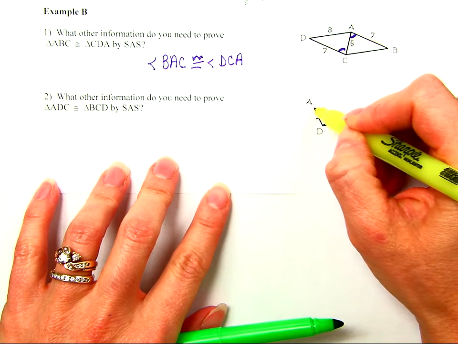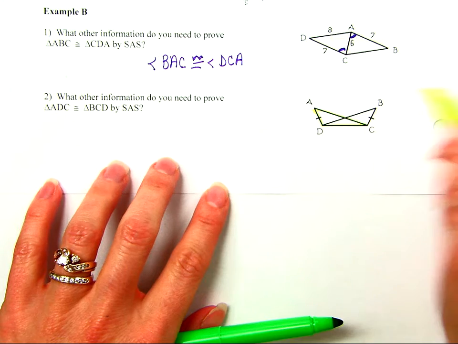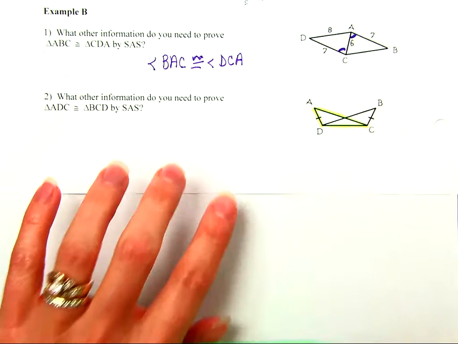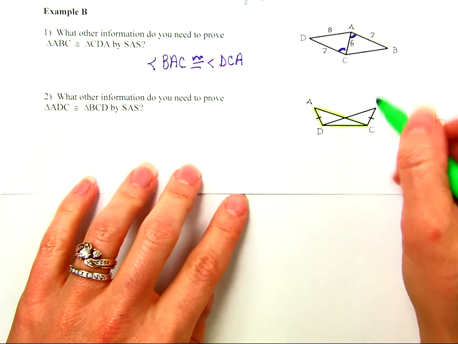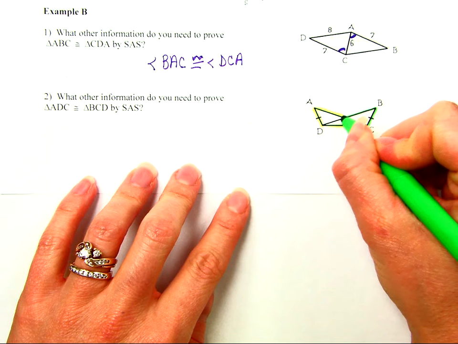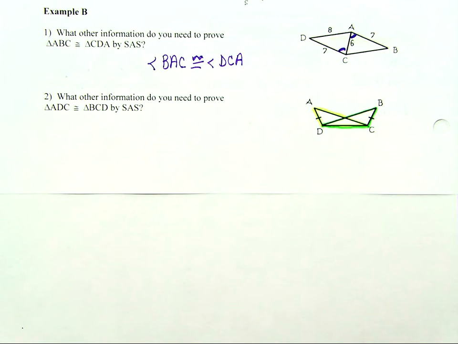Triangle ADC would be this triangle right in there. And triangle BCD, this triangle right there. So I have my yellow triangle and I have my green triangle.